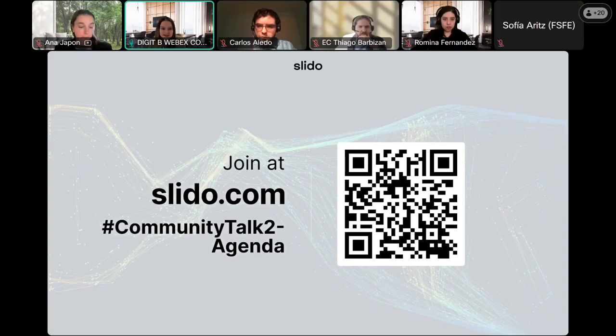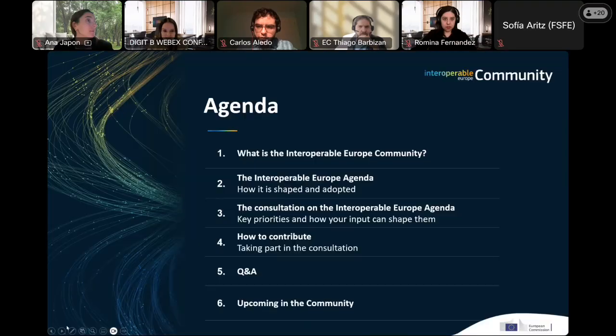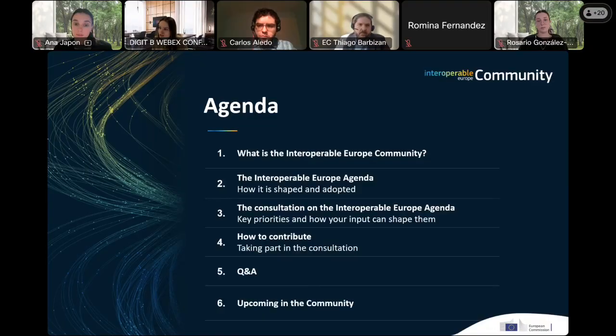Then if we move to the next slide, this is the agenda of today's meeting. We will shortly remind you or introduce you to the Interoperable Europe community. Then we will move to the Interoperable Europe Agenda to understand how it is shaped. Then we continue with the ongoing consultation to understand the key priorities and how your input can shape them.